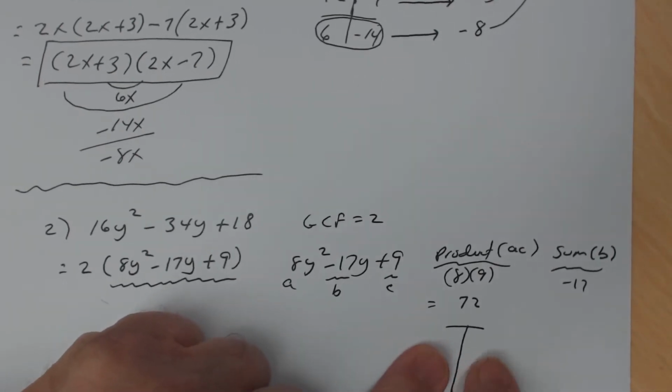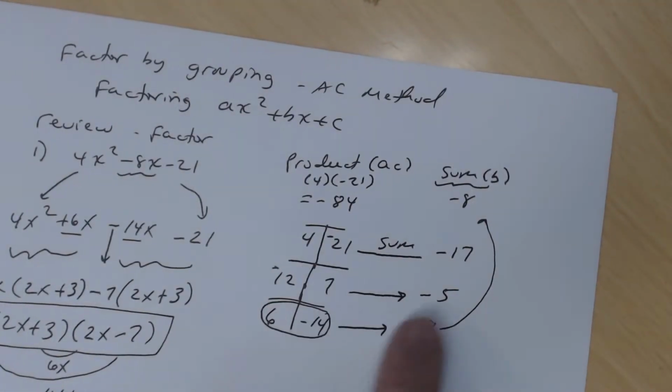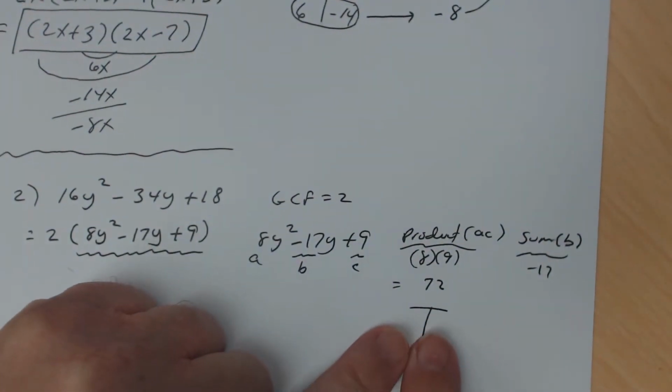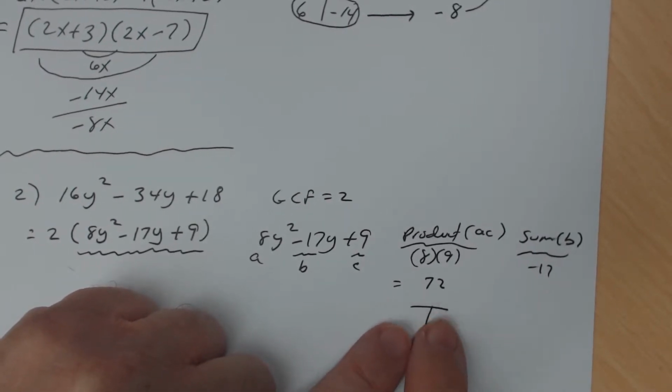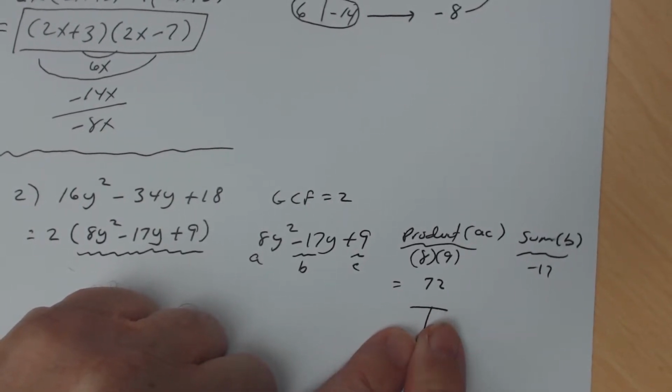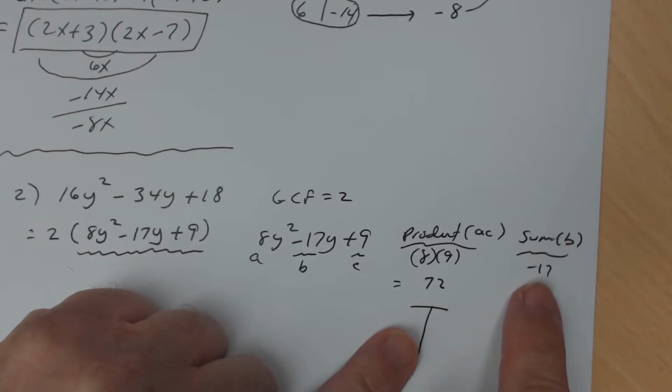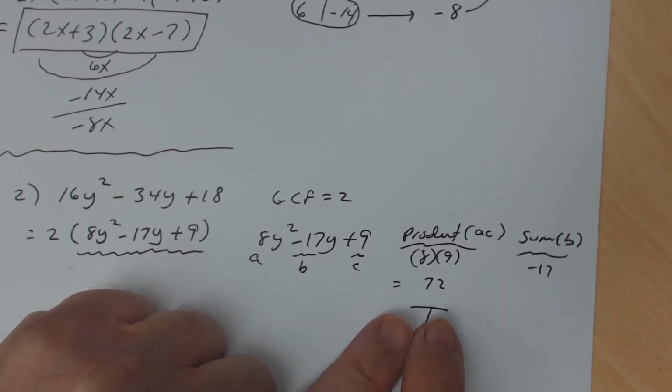Now remember, just like we talked about here, be strategic. I need this product to be a positive 72. Remember, in order to get a positive product, both of these numbers have to have the same sign. So either they're both negative or they're both positive. Well, if I want the sum to be negative, then these two numbers have to both be negative, because a negative plus another negative number will give us a negative number.